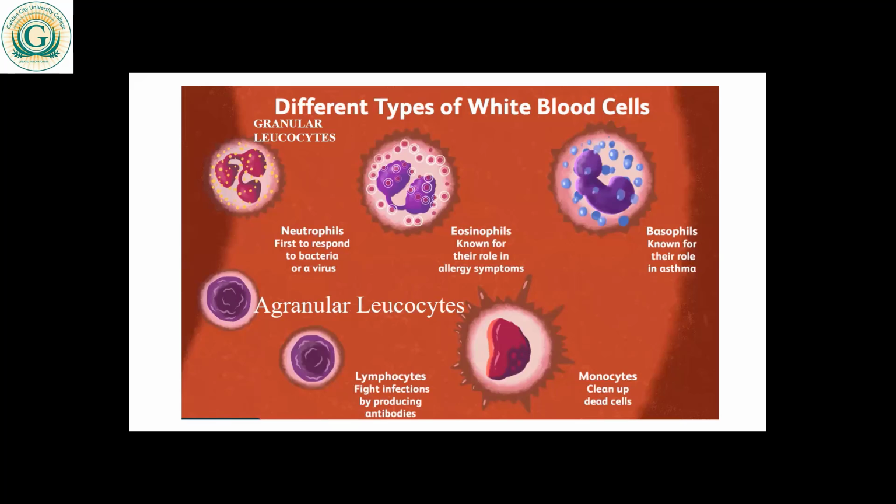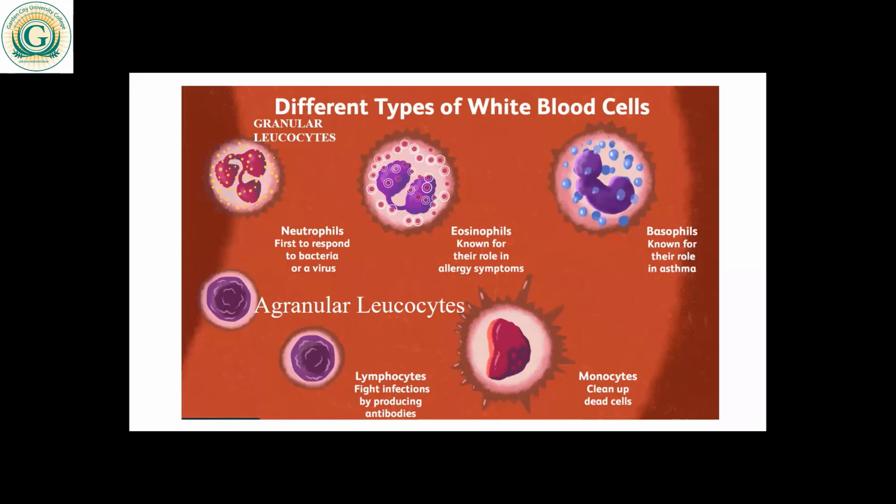from the slide, as my sister said earlier on, we can see that we have two types of white blood cells, and these are the granulocytes and then the agranulocytes. That is the granular leukocytes and then the agranular leukocytes. And under the granular leukocytes, we understand that we have neutrophils, which are responsible for if there is any bacterial infection in the body.